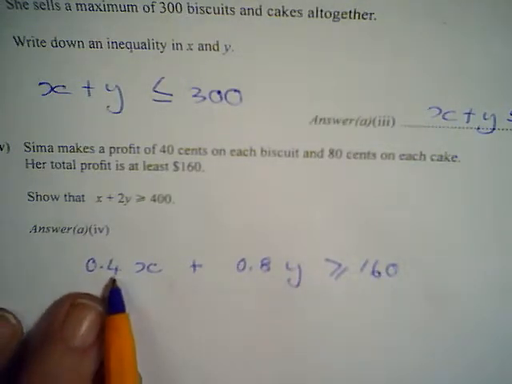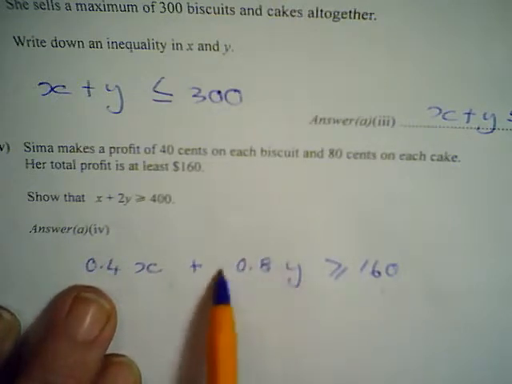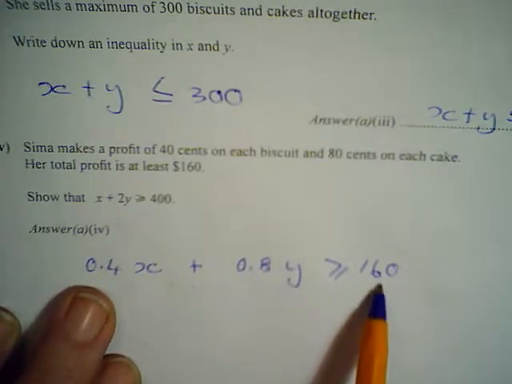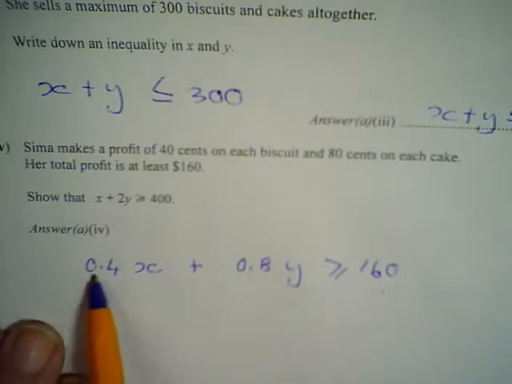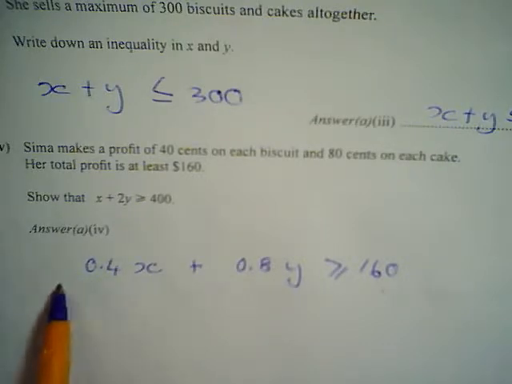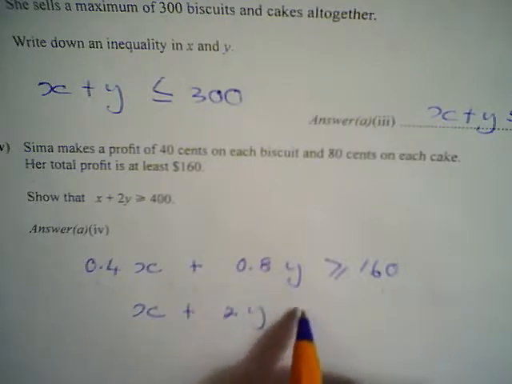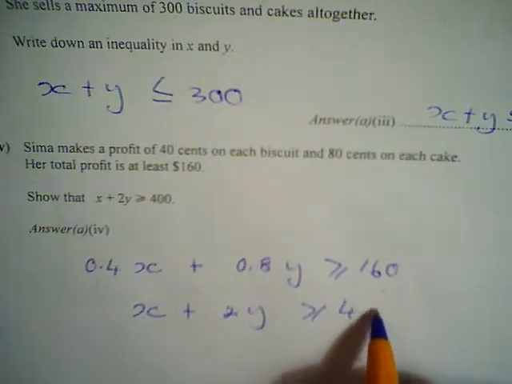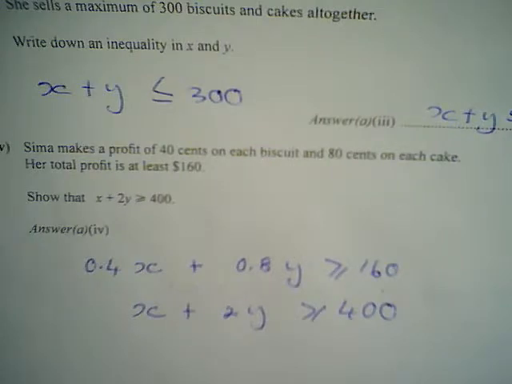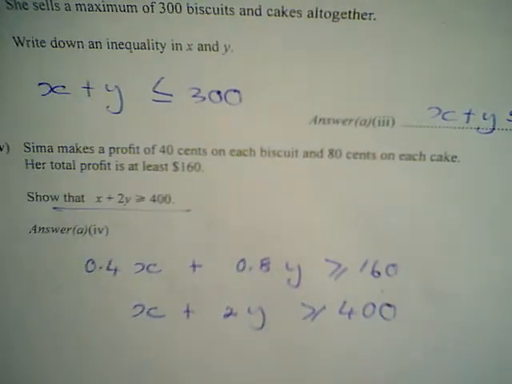So I changed the 40 cents to something in terms of a dollar, and changed the 80 cents in terms of a dollar. So my units are the same across the board. Now I can divide by 0.4 throughout the equation. That would give me X plus 2Y is greater or equal to 400. And that's awesome. That's exactly what I wanted. That gives me 1 mark.